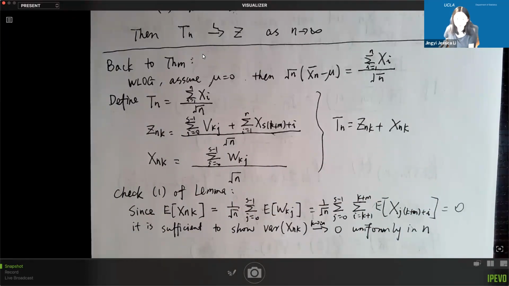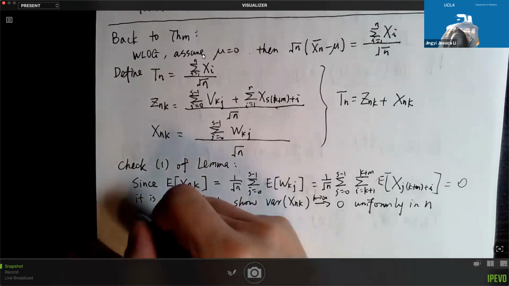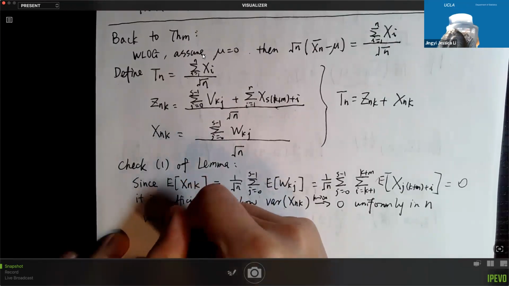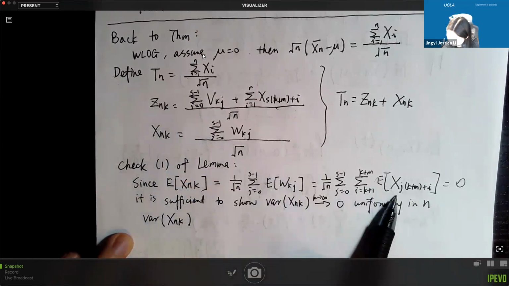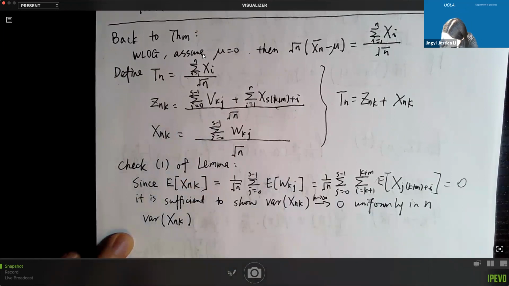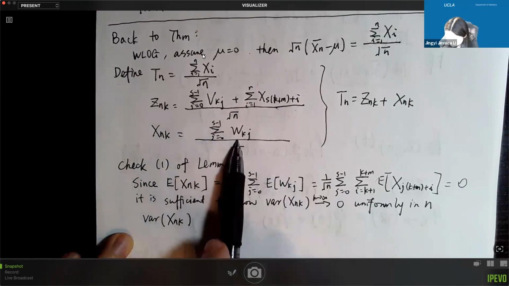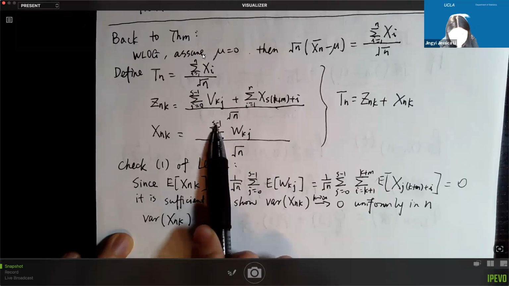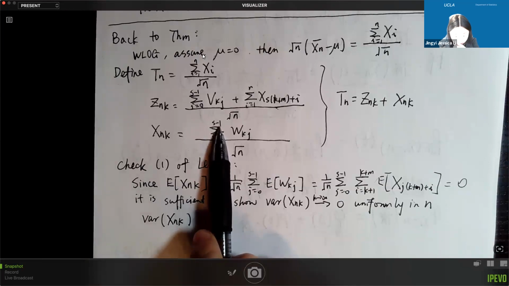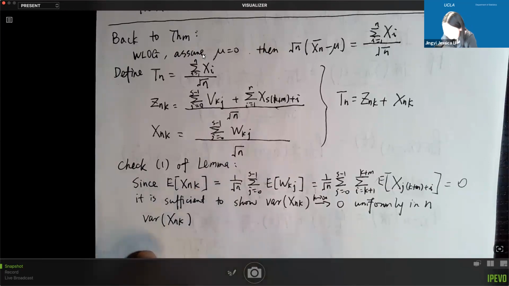Then what's the variance of X_{n,k}? By our definition, you can clearly see we already wrote it out. For the W_{kj}, j goes from 0 to s minus 1.